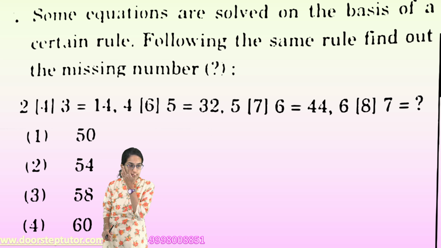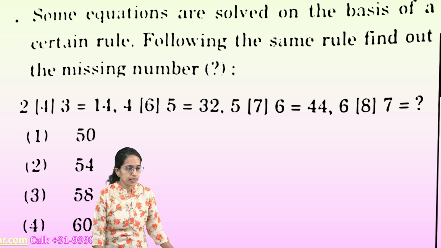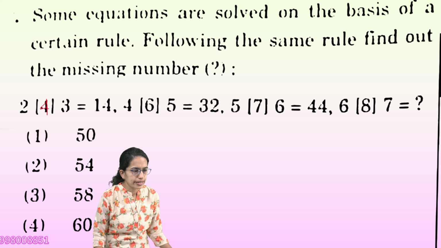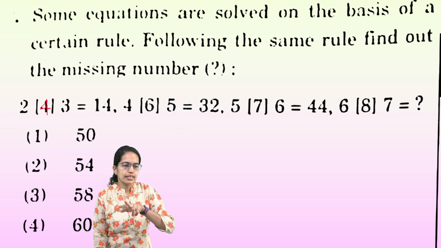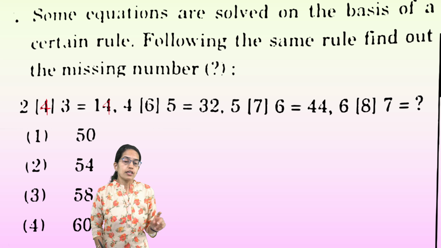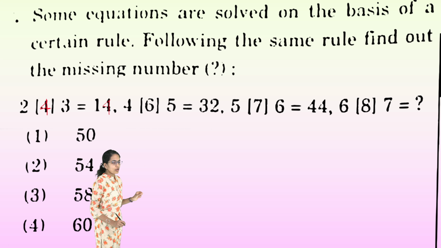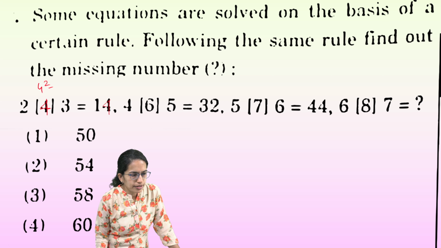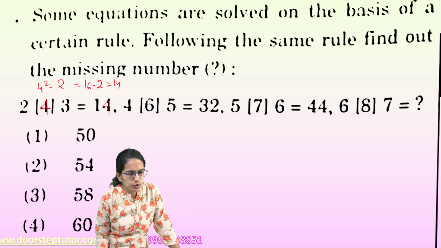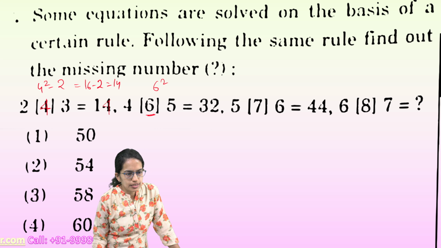Now again, here there are some sets which have been given. You have to identify the rule. So it says 2, in bracket there is 4, then 3, and this equals 14, right? Now understand, it's not required that you take all the numbers into account, right? I simply take 4 square minus 2. That is 16 minus 2, that gives me 14. In this case, it is 6 square minus 4, that is 36 minus 4, that gives me 32.